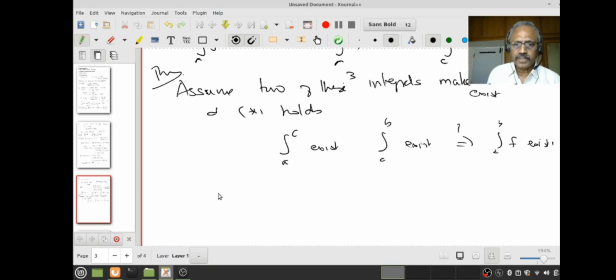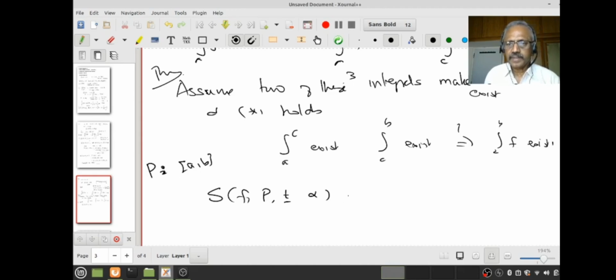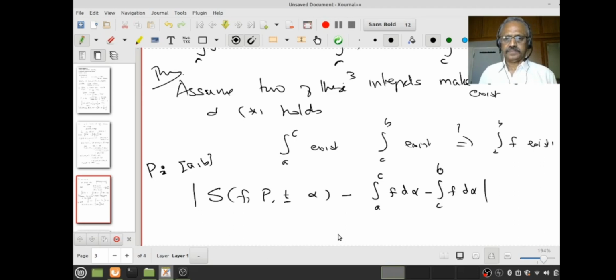Therefore what should I do? I have to show that the Riemann sum of f with respect to P, T, alpha, where now P is a partition of AB, minus the integral from A to C of f d alpha minus the integral from C to B of f d alpha, I have to estimate. Do you understand that?